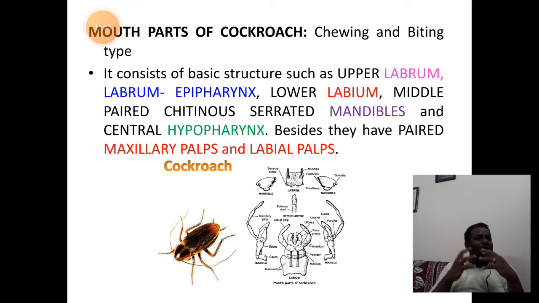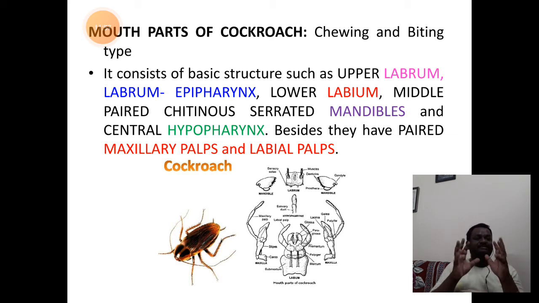In addition to all these structures, on the labium we find attachments. They also assist in holding the food, called labial palps. Students, remember, the 6 major parts include the upper labrum, then behind the labrum is epipharynx, then lower labium, then we have mandibles, the fifth part is hypopharynx, sixth part is the maxillae.